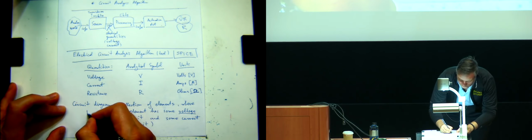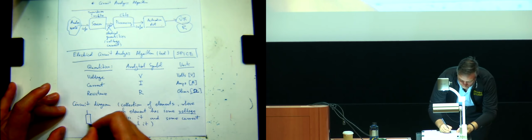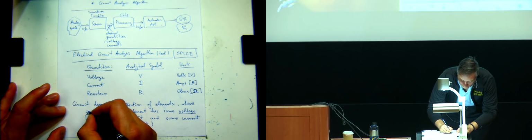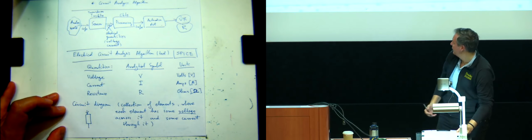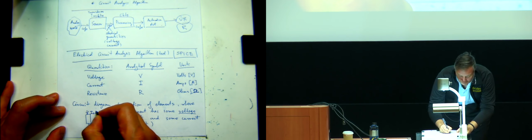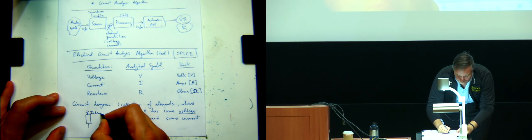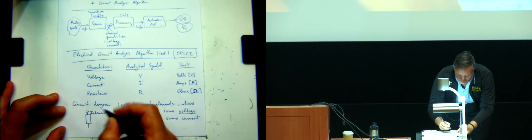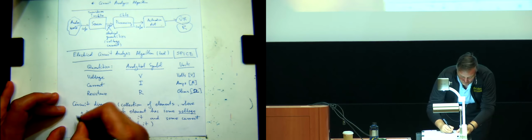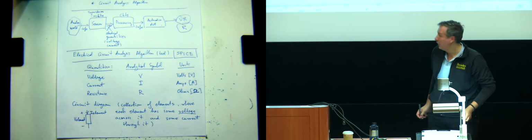So we're just going to draw here an element. So this is an element, it's just a box. And there will be current, I element, and some voltage, V element, across it.